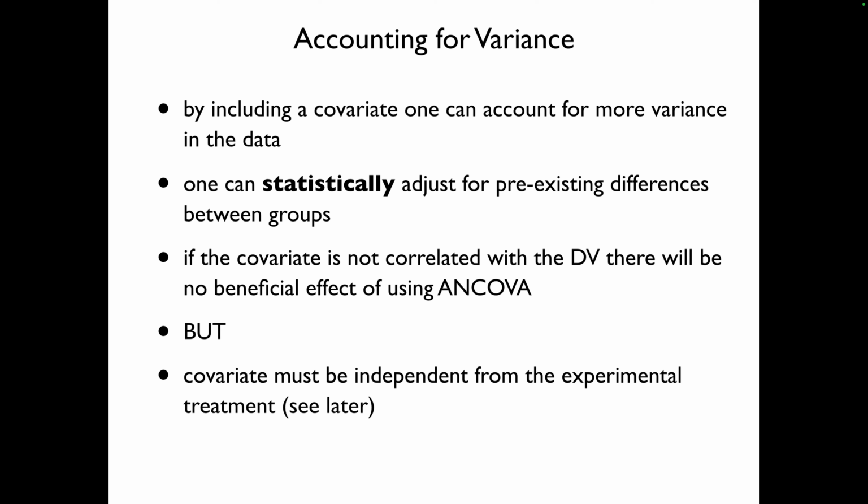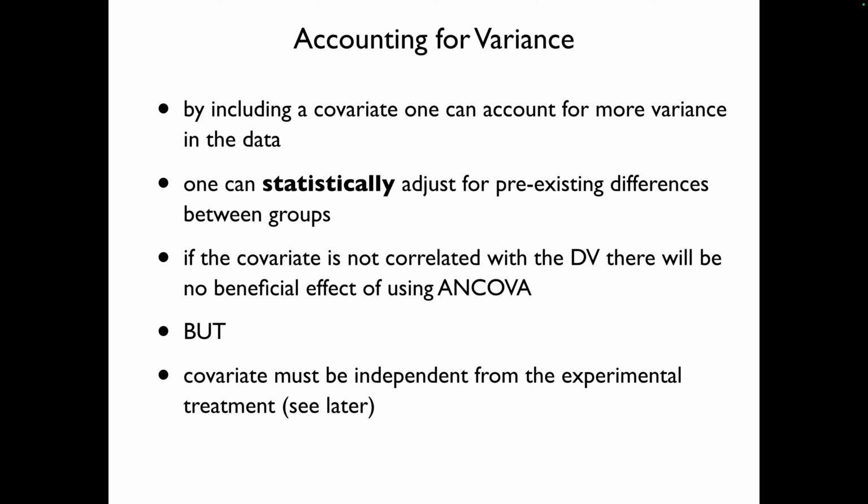We can also, as we'll see shortly, statistically adjust for pre-existing differences if they're there between groups in the covariate, and sort of project what would the dependent variable have been if groups had been equal on the covariate. Now, if the covariate's not linearly related to the dependent variable, then there's not going to be any beneficial effect of using ANCOVA, right?